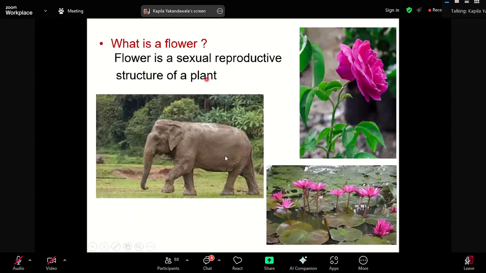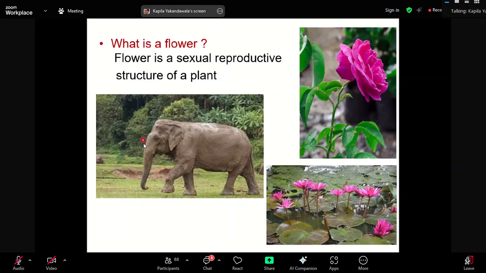If you look at flowers, usually flowers are borne on top of the plant. Flowers are not hidden. If you look at aquatic plants like water lilies, they come above the leaves and produce their flowers. So they advertise. So in plants, reproductive organs are always advertised. Everybody can see the beauty.